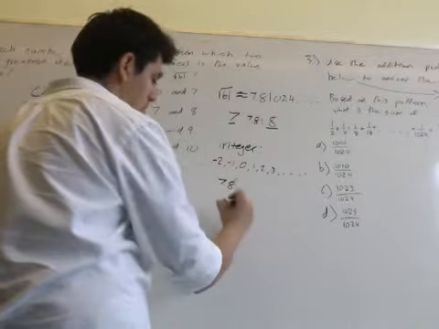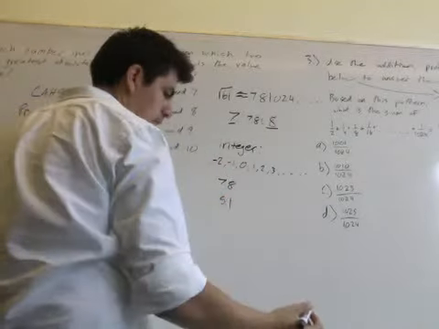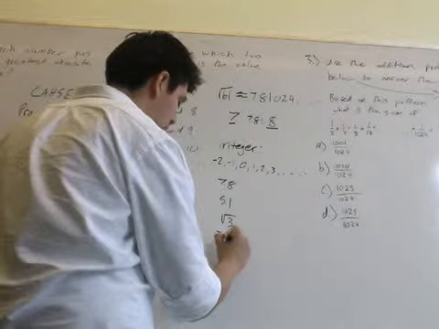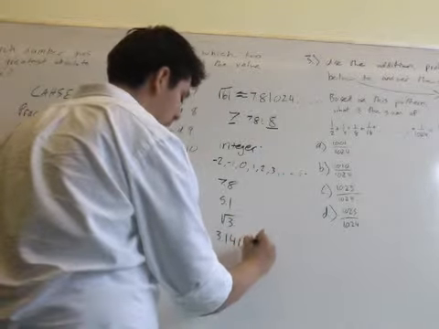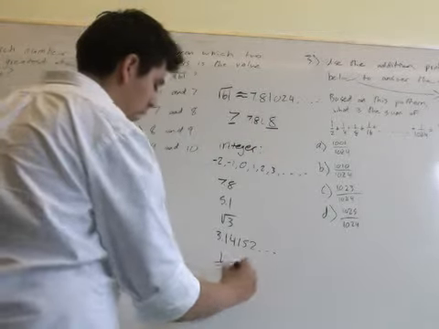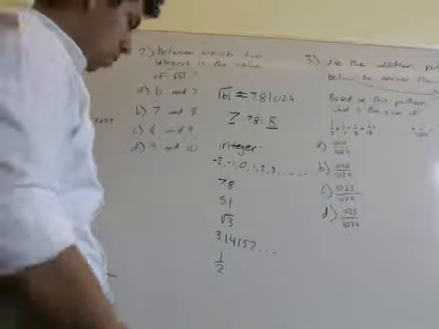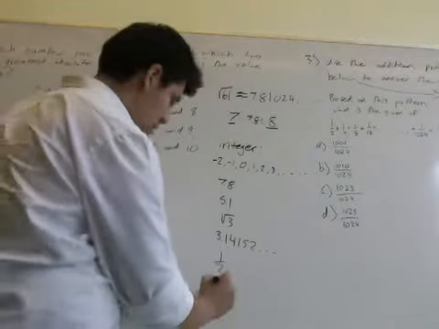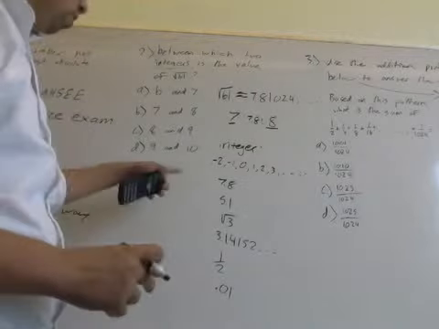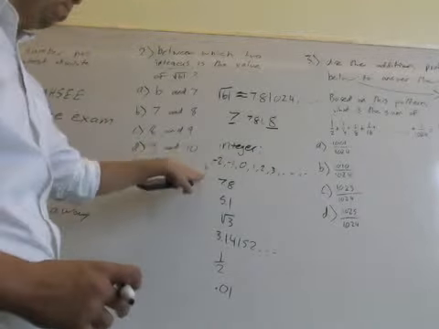That is not an integer. 5.1 is not an integer. Square root of 3 is not an integer. 3.1415 is not an integer. 1/2 not an integer. 0.01 is not an integer. Integers have to be whole numbers, and they can be negative or positive.